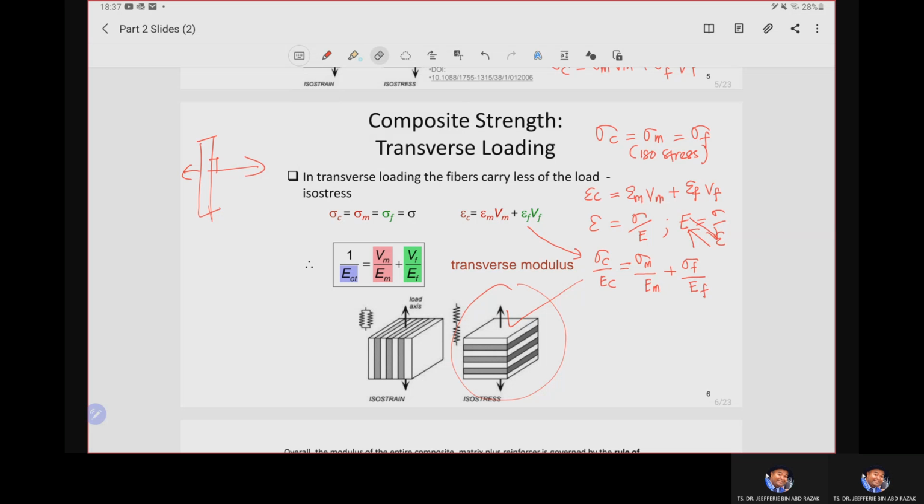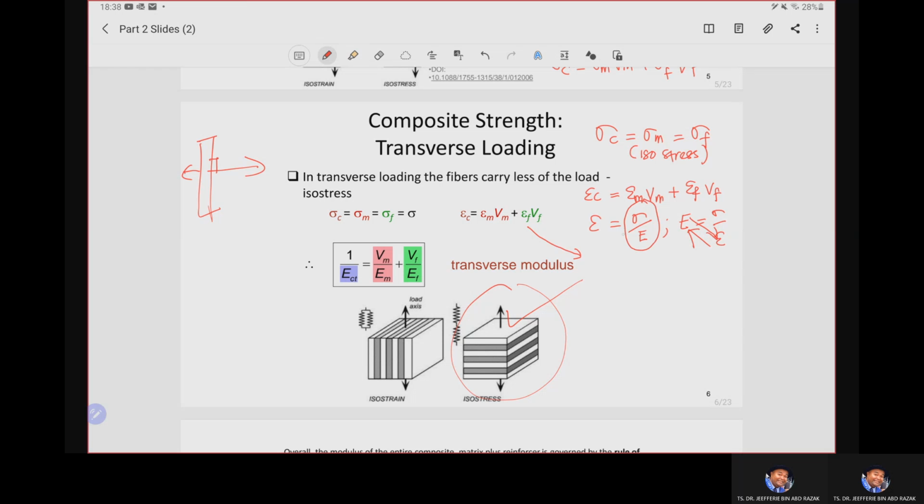I forgot to multiply the equation here with the volume. All right. So we understand that epsilon comes from the modulus of elasticity equation.